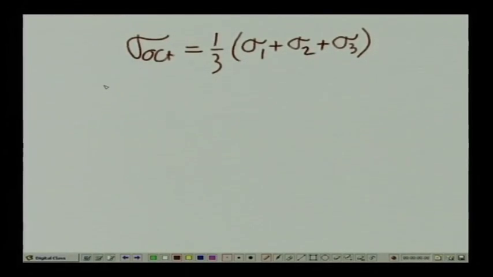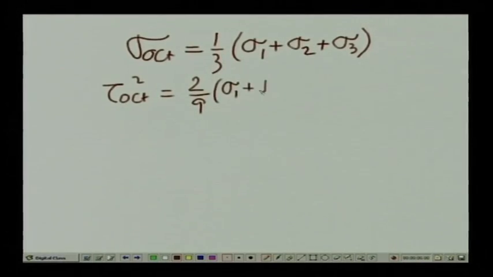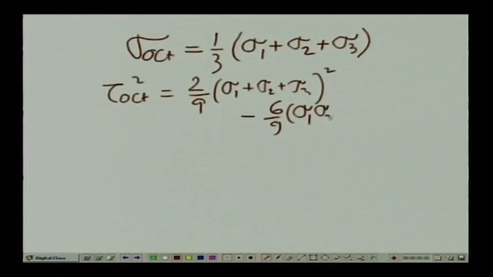And if you remember, tau octahedral square was equal to 2 by 9 times (sigma 1 plus sigma 2 plus sigma 3) square minus 6 by 9 of (sigma 1 sigma 2 plus sigma 2 sigma 3 plus sigma 3 sigma 1).